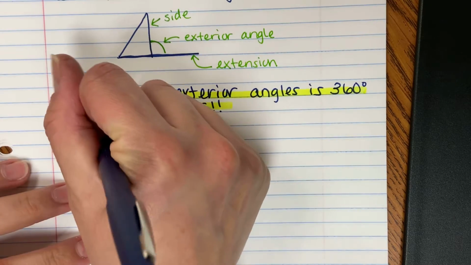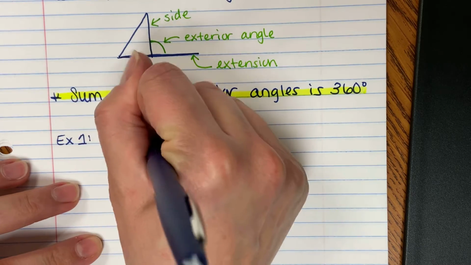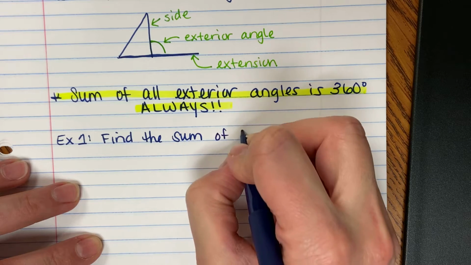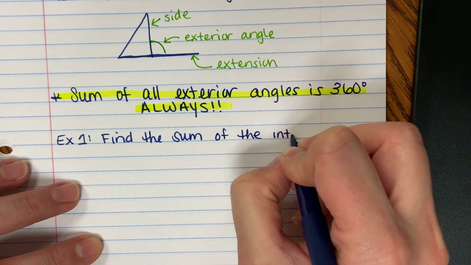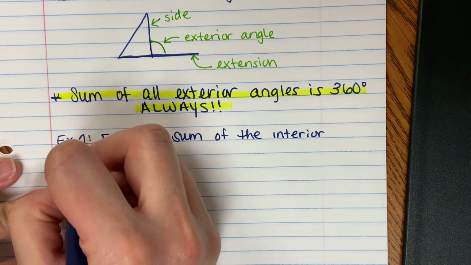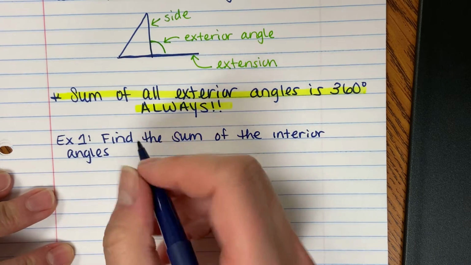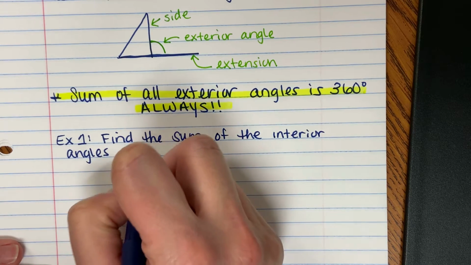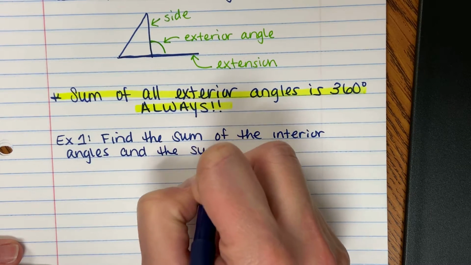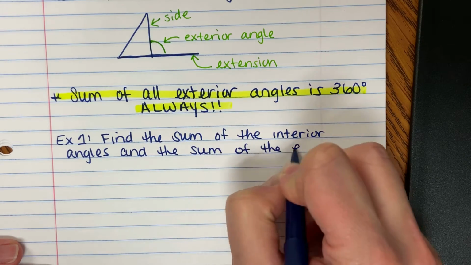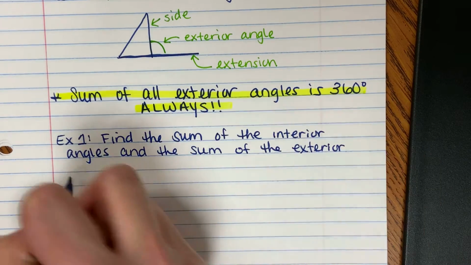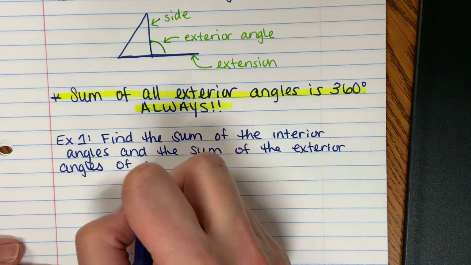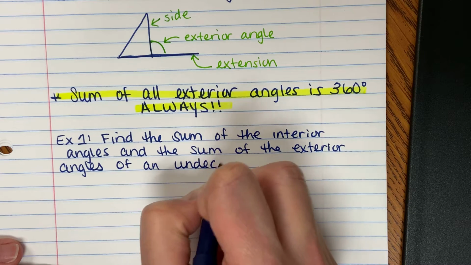I want to find the sum of the interior angles and the sum of the exterior angles of an undecagon.